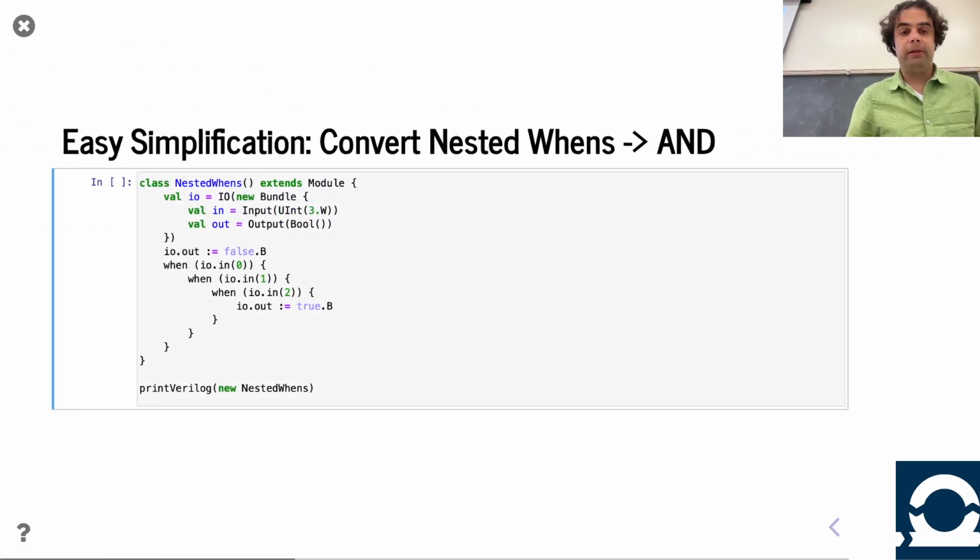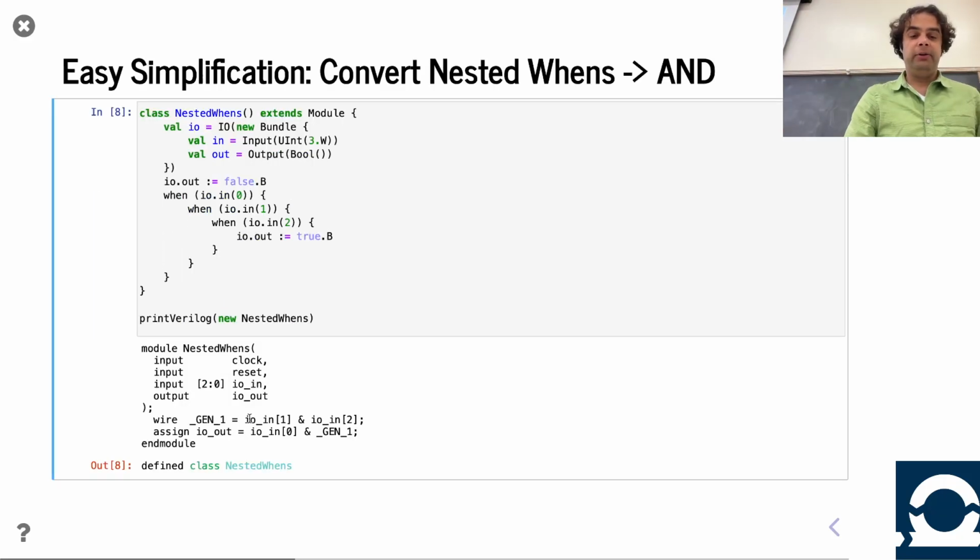Cool. Okay. The Chisel compiler is pretty clever. For example, let's say we have nested whens. This condition is only going to be true not just when io.in is true, in2 is true, also in1 and in0. So guess what? The compiler knows that. It can do the ANDs for us.